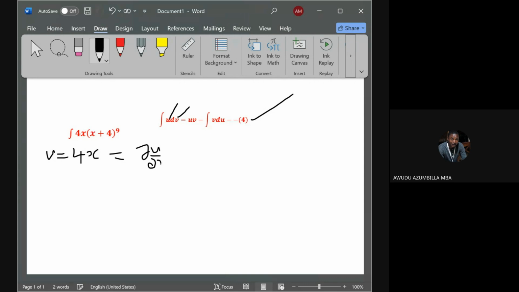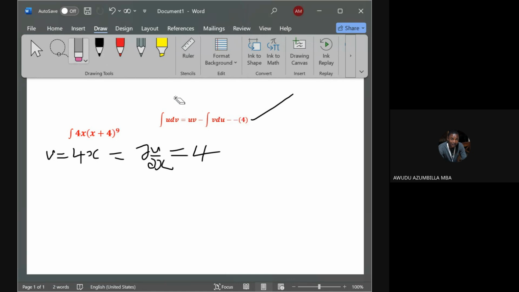If we differentiate u with respect to x, the 4x, you are going to get 4. So we have gotten our du. So take note that we have u here and we had what? v here. So we are supposed to find the value of u and v and subtract it.